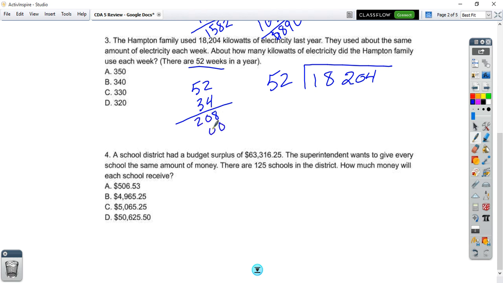Placeholder. 3 times 2 is 6. I'm doing this one, by the way. 3 times 2 is 6. 3 times 5 is 15. I get 8, 6, 7, 1. 1768. Is that enough? Plus a 0. That was not enough. So this is wrong, and that's wrong, and that's wrong, because those are all too low. So let's try this one and see.